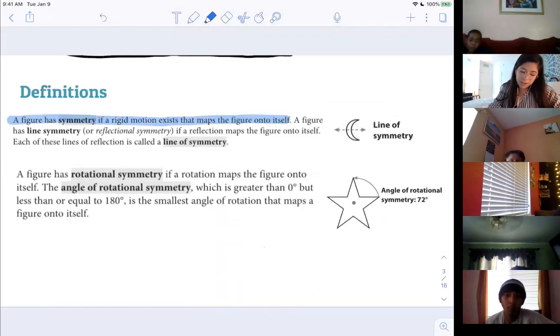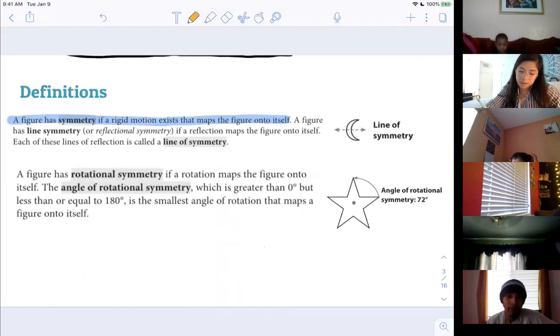So a figure has symmetry. The definition for symmetry is a figure has symmetry if a rigid motion exists that maps the figure onto itself. So what does that mean? There's a couple of different keywords here. Rigid motion is all the things we've been talking about.